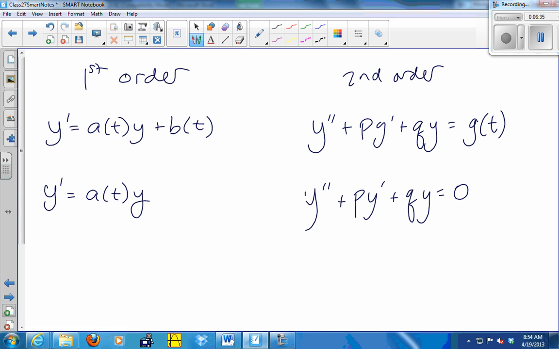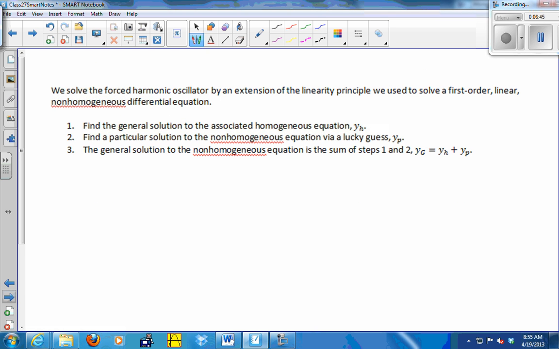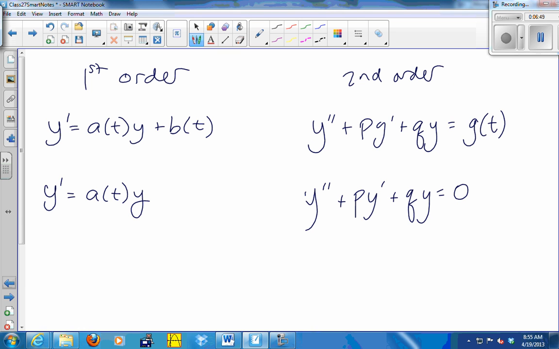Non-homogeneous is when you have a term that is just a function in t, and the associated homogeneous is when you get rid of that term. So same thing you do with the first order. What we did when we were solving these was solve the homogeneous one first, which wasn't too difficult. We could do it by separation of variables.